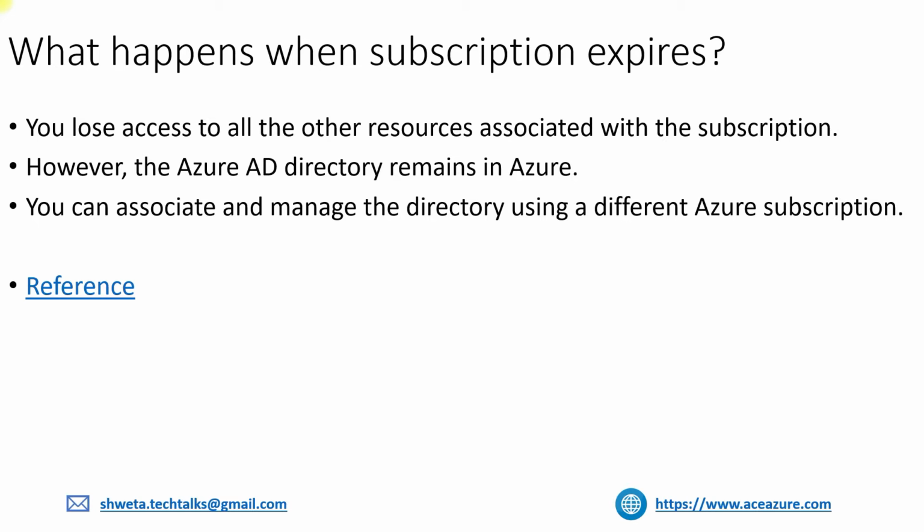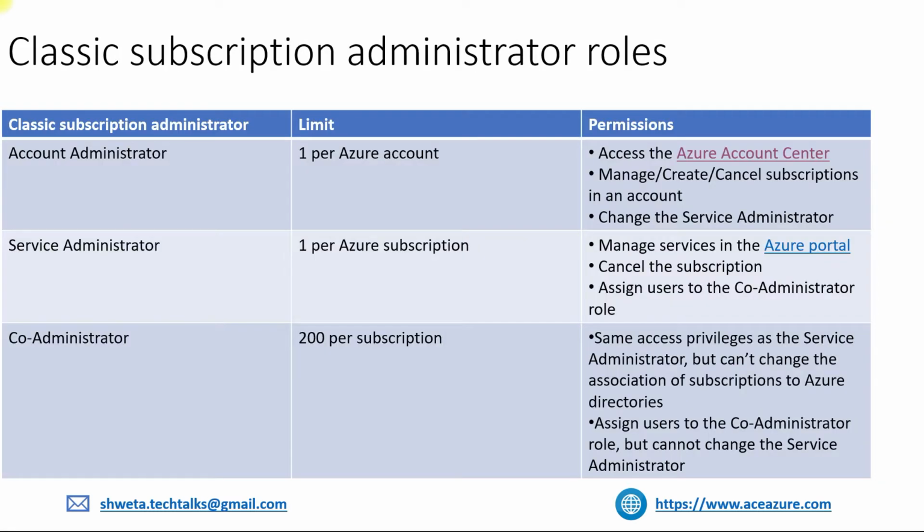However, please note that your Azure Active Directory still remains in Azure. So next time when you upgrade or you purchase another subscription, you can already associate this particular subscription to use that directory.